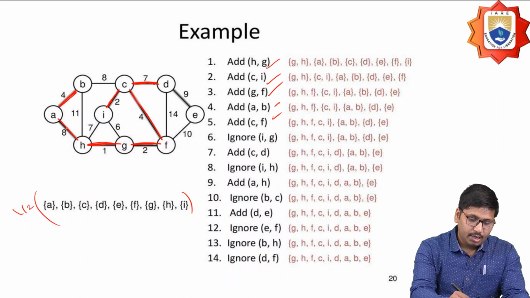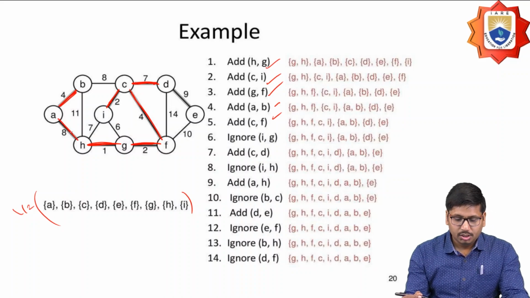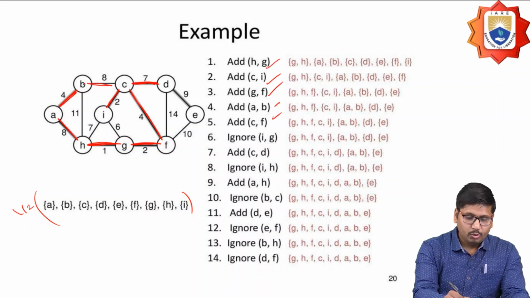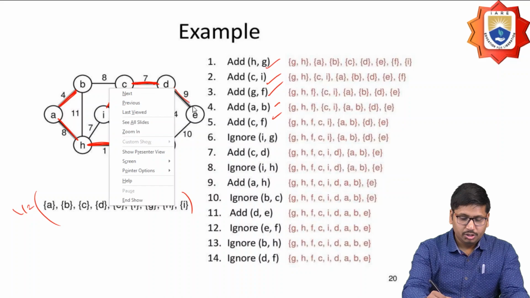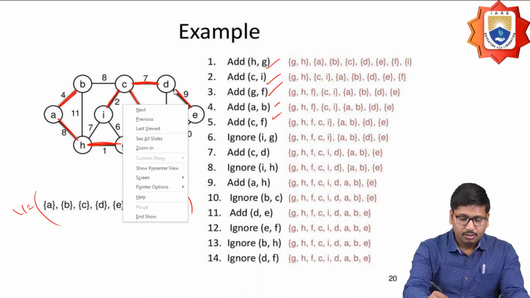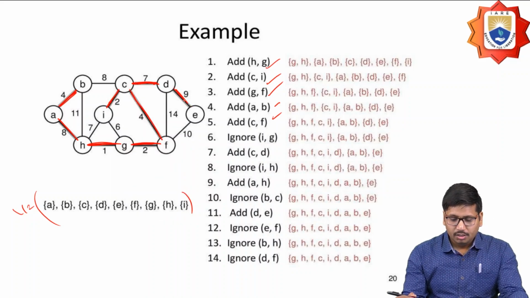Next minimum is AH, so I'm going to consider this, and next is BC. If I consider this, it forms a cycle, so I'm not going to consider this one. Add DE, which does not form a cycle.